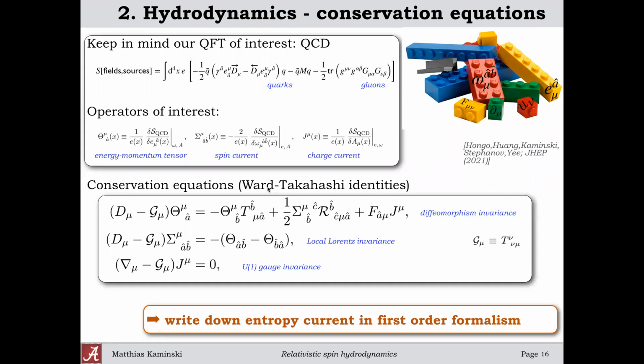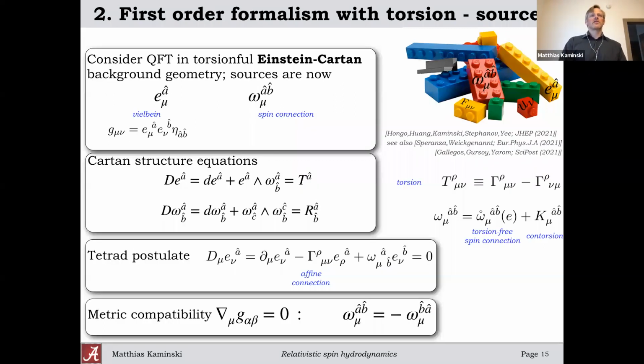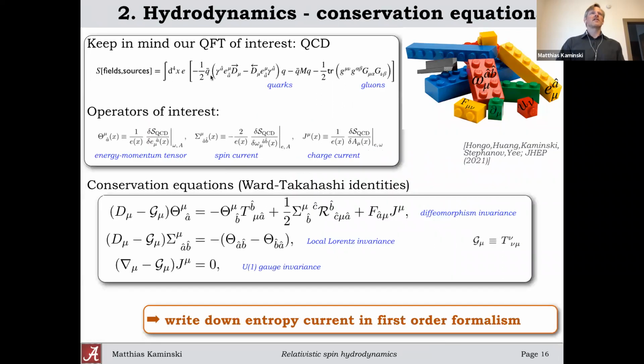Sorry, can I ask a small question? Yeah, of course. Is there some kind of minimal coupling to the spin connection? Yeah, if you will, you could say this is my defining relation for what my covariant derivative is. The coupling comes in just in terms of the connection, so that is a minimal coupling, yes. If this derivative acts on the quark field, like in this example, these two covariant derivatives D act on the quark or the antiquark.